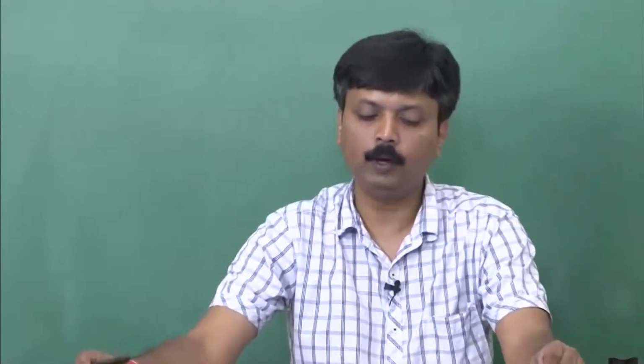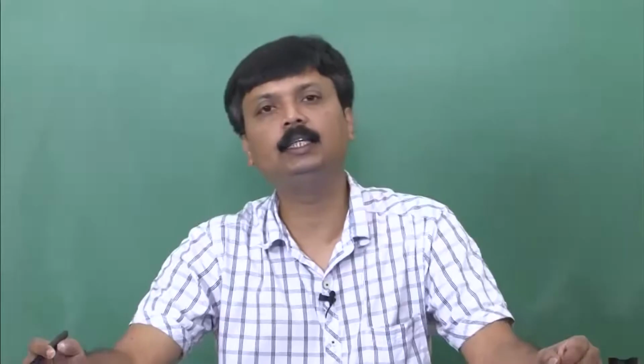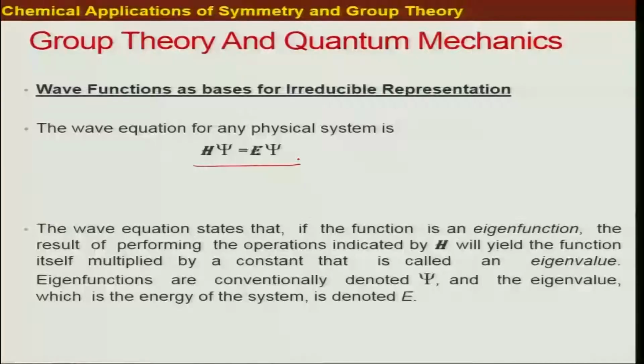So, this wave equation says that the function is an eigenfunction, and the result of performing the operation, which is Hamiltonian here, will produce the function itself, multiplied by a constant, which is also known as an eigenvalue.